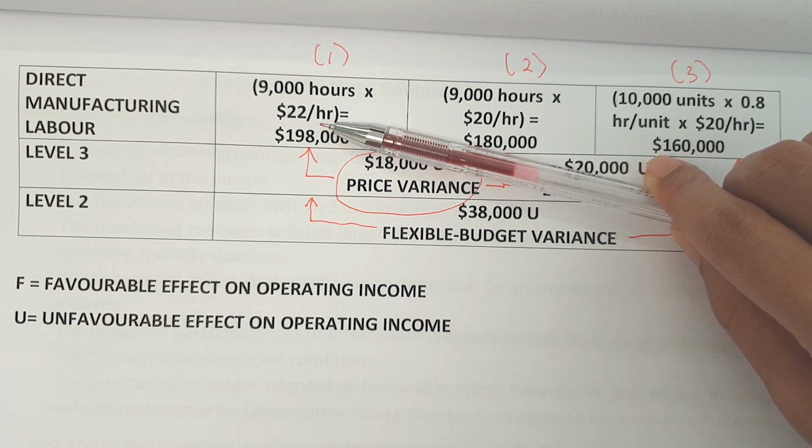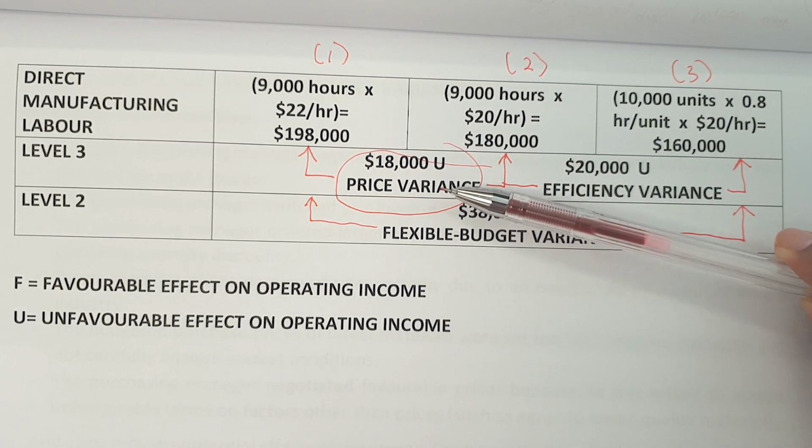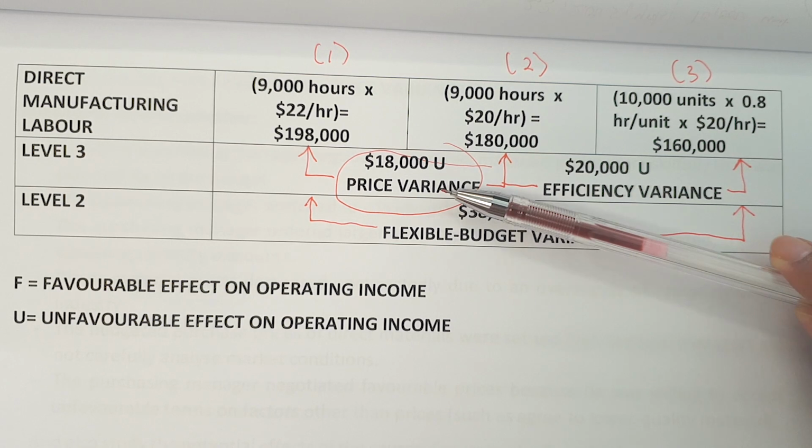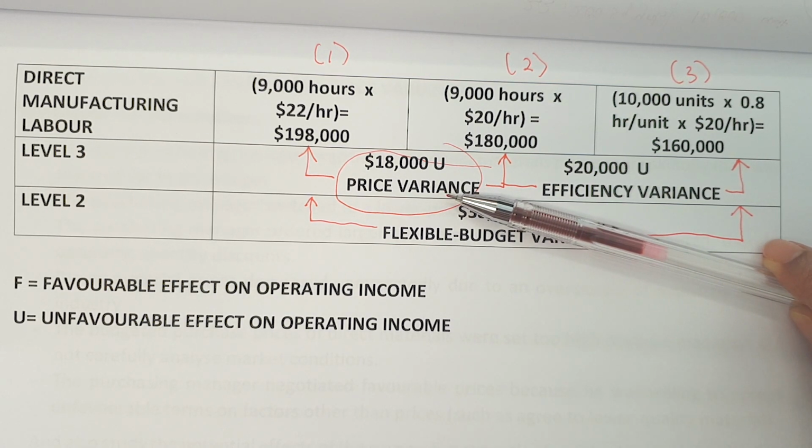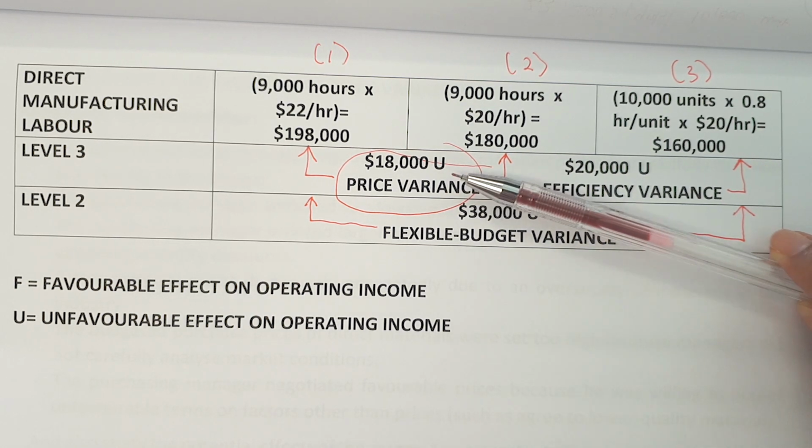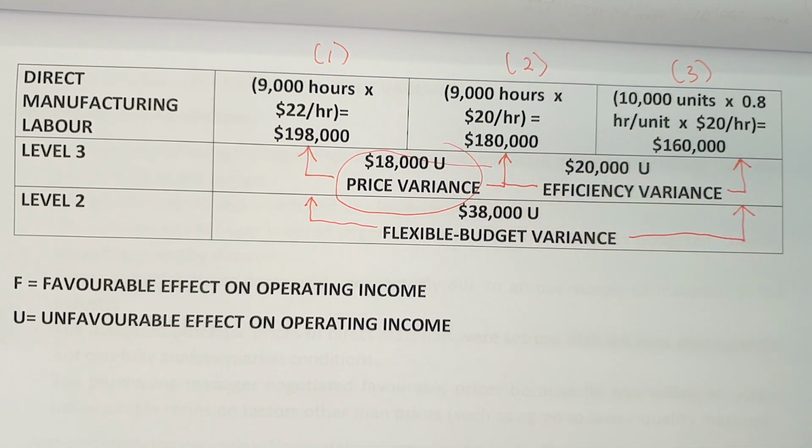It is higher. So we have to investigate further why the price has increased. Do we have any problem with our labor? What about the price that has been set, and the price that has been discussed with the labor for us to come up with this cost? So we need to investigate further what actually happened.